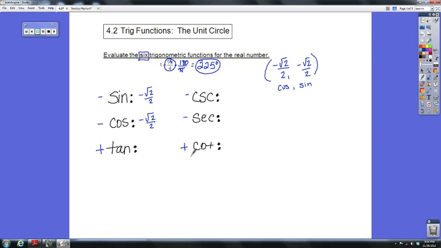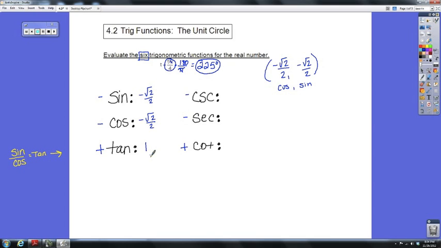Now if we have the sine and the cosine value, we can also tell the tangent value, because if you remember from your formula sheet, tangent is sine divided by cosine. Right? That equals tangent. So sine divided by cosine, this divided by this turns out to be 1.